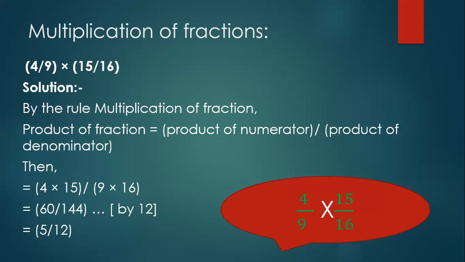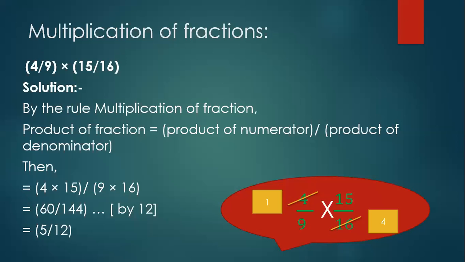Let's see in this. We have 4 by 9 multiplied by 15 by 16, right? Now, 4 and 16 are divisible by each other. Can you see that? In 4's table, 4 comes 1 times and 16 comes 4 times. So we'll cancel 16 and 4. We'll write 1 times and 4 times. Isn't that simple? Once again, we see 15 in the numerator, 9 in the denominator.